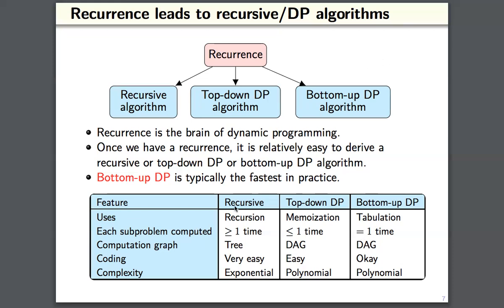Okay, fine. Next, computation graph. If you draw a graph for all the computation, that means the relationship between problem, subproblem, and all that, you will see a tree. That's why it is called a recursion tree. What about DP? In DP, it's not a tree, it's a DAG. Why is it a DAG? You know what a DAG is? Directed acyclic graph. We looked at DAGs in topological sort.